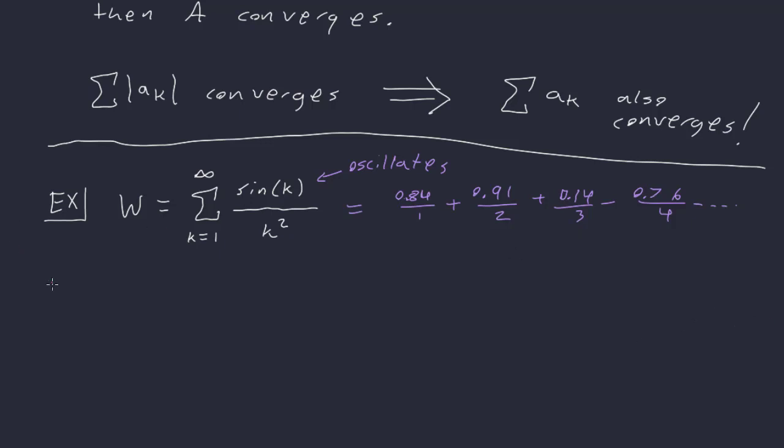Consider instead, I'm going to call it W star, the series k going from 1 to infinity of the absolute value of sine of k over k squared.